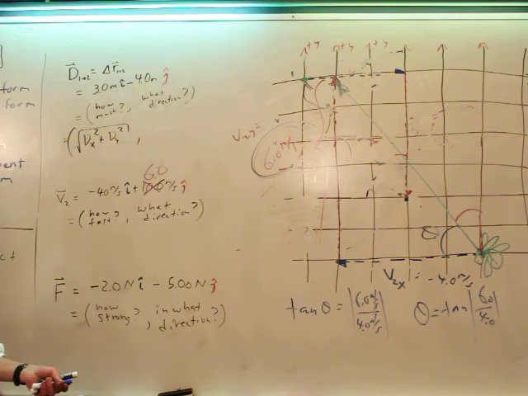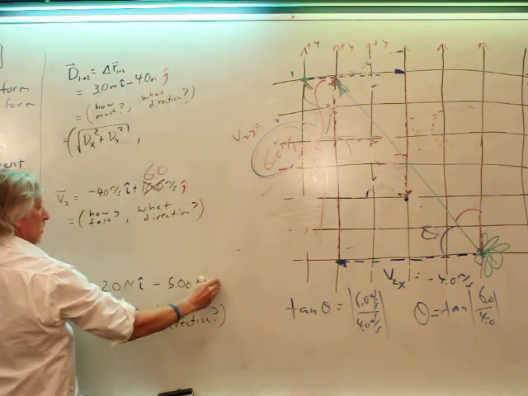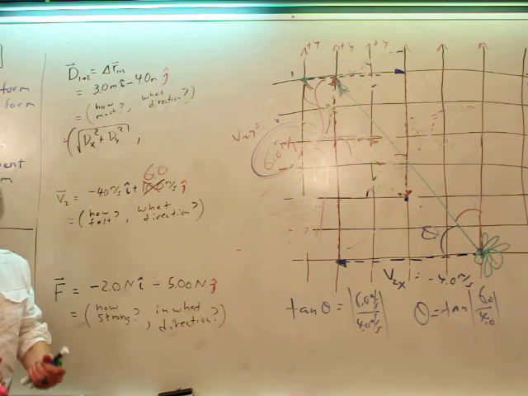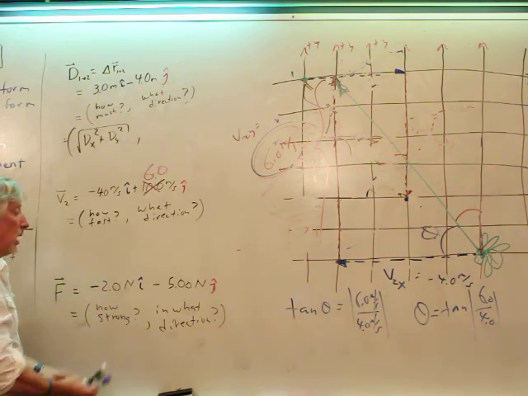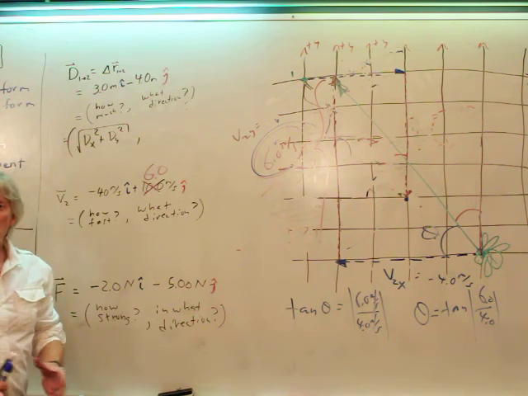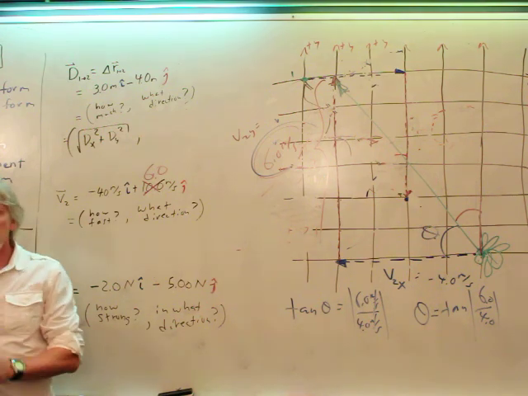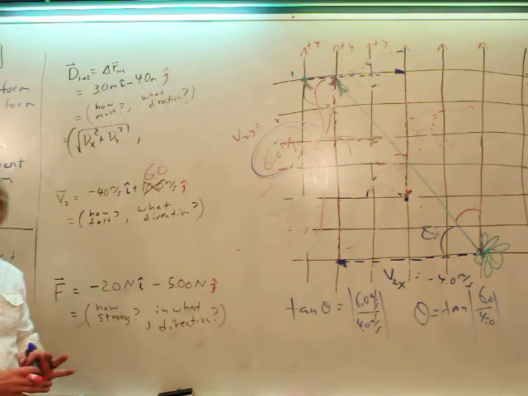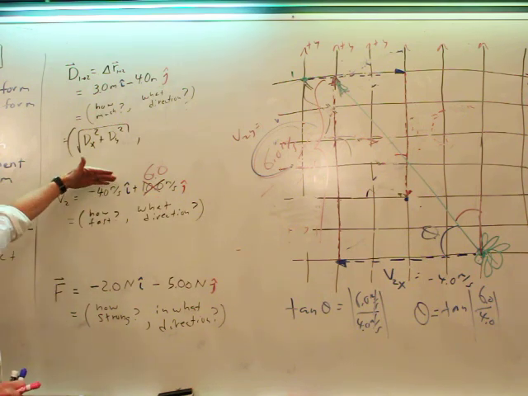And that's how you go from being given component form into polar form, which really, in terms of what you want, what really matters, is how much and in what direction. That really tells you a lot about that vector. But in order to work with these vectors, to add them and subtract them, you have to take the polar form and break it into parts.